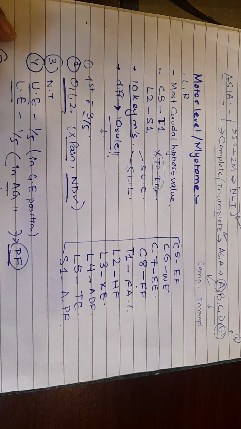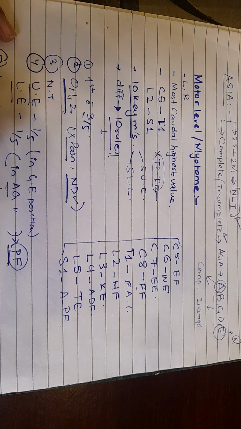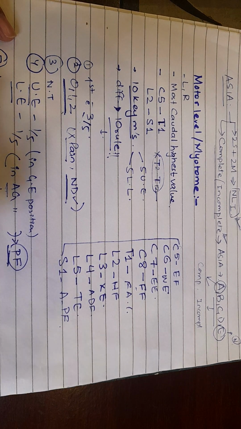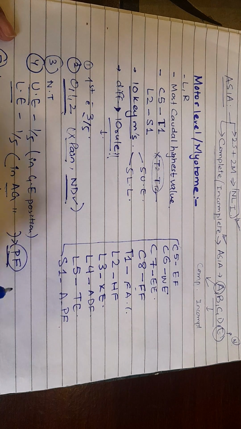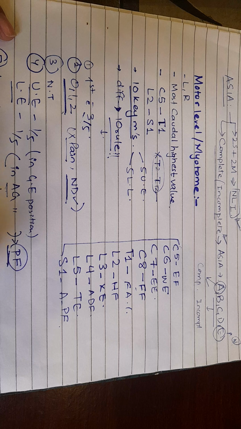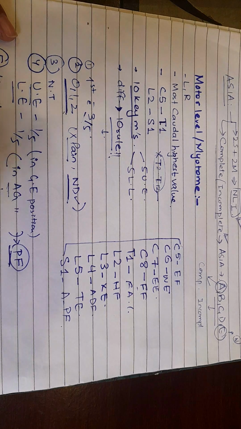Now the fifth rule is that whenever we are assessing 4 by 5 level or the 4 by 5 grade of upper extremity or lower extremity, we have to assess it in the anti-gravity position. And as we already talked about, we have to assess the S1 and the T1, these two levels, in the gravity eliminated position like we do normally, because these cannot be assessed in the anti-gravity position.